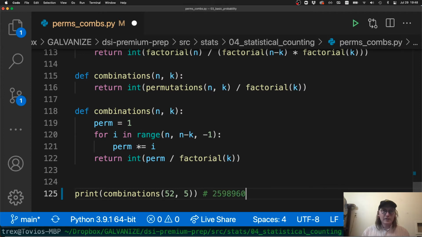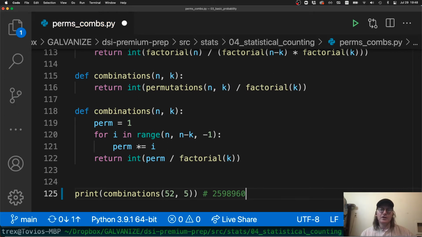And I think that's an interesting thing about this topic, the topic of probability in general, but even just looking at permutations and combinations: the sheer size of some of this stuff, right? You've got 52 cards in a deck.